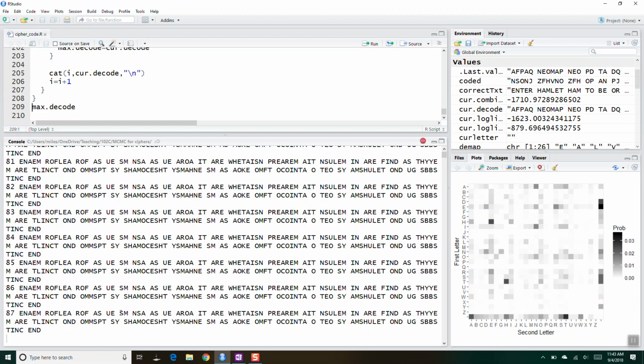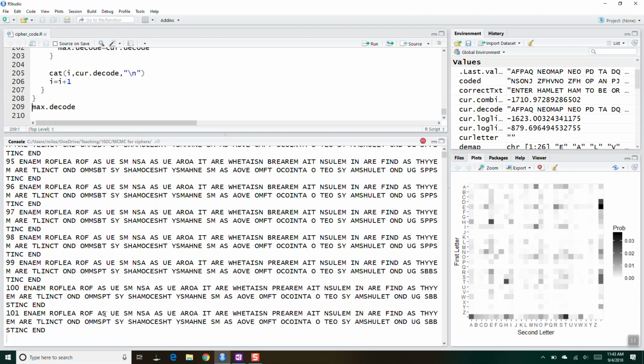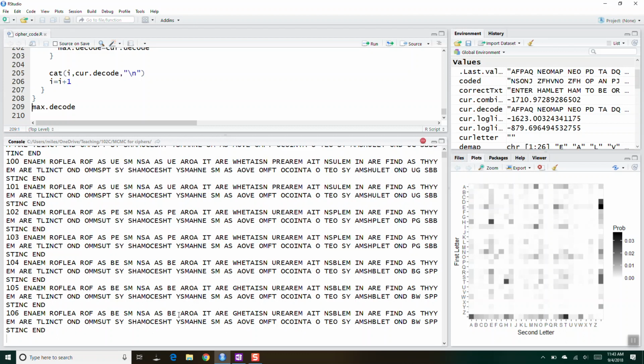Now we're starting to get things. It's saying, okay, these might not actually be true solutions here, but we're getting letters that look reasonable, okay? We're getting words like it and are and in are find. And here we have the word be, and it should be to be or not to be, but it says as be, as be.